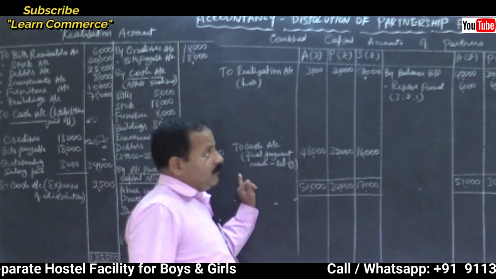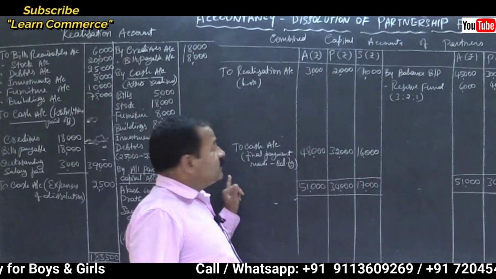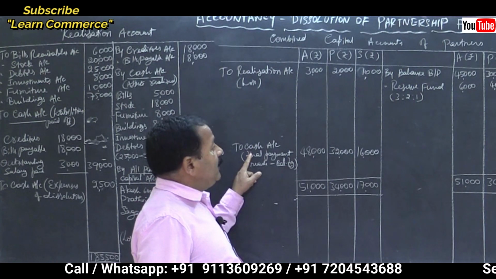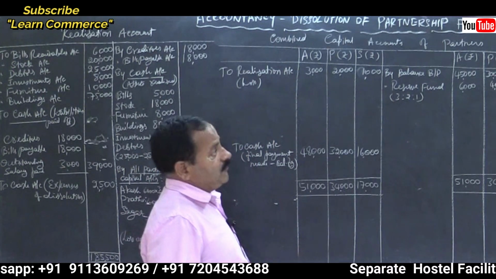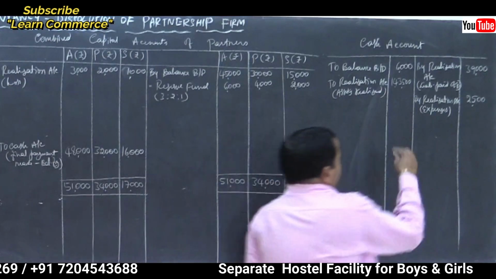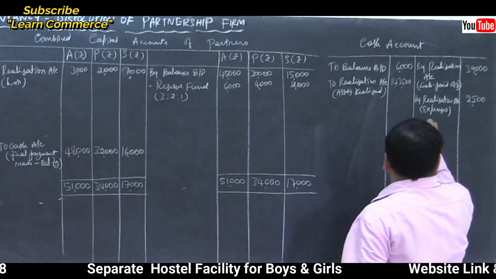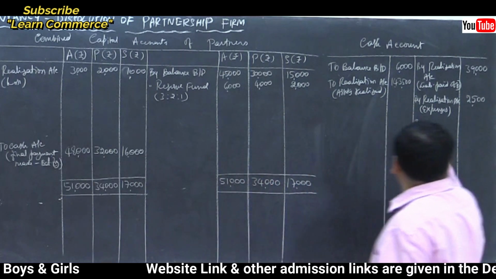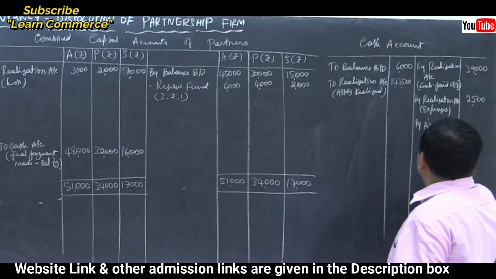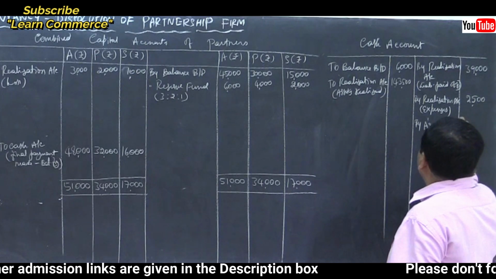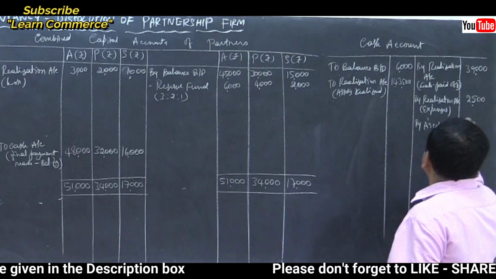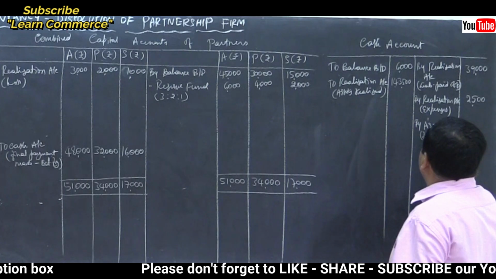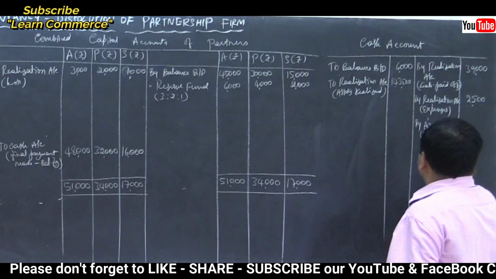Or refer to your capital accounts. There is one more entry. Capital account added to cash account. So cash account is credited by, what's the name of the partner? Akash. By Akash's capital account, final payment within bracket.